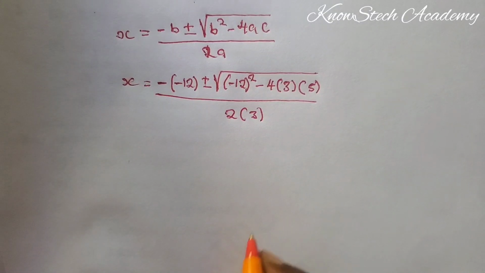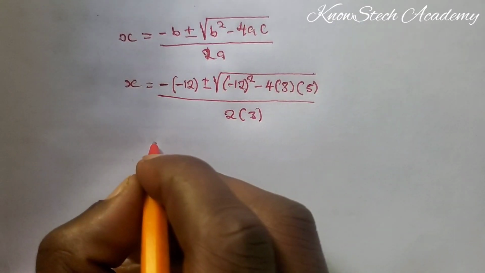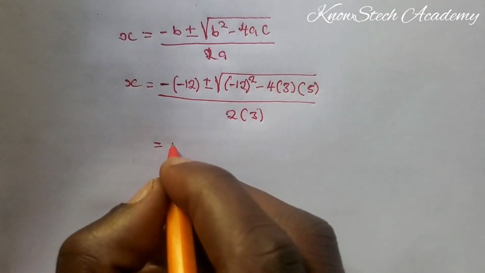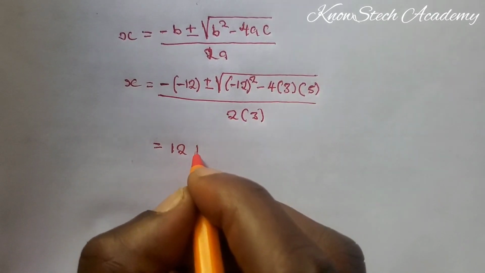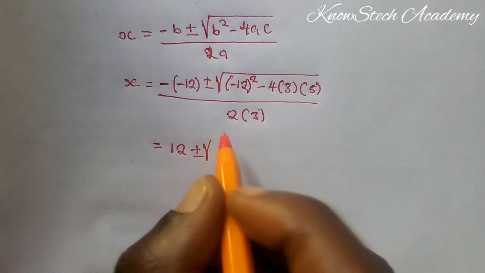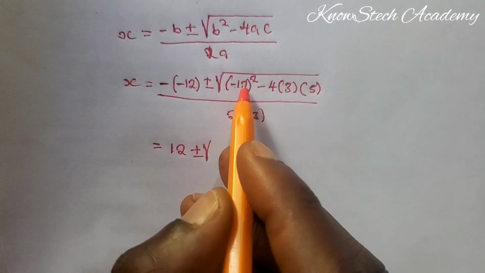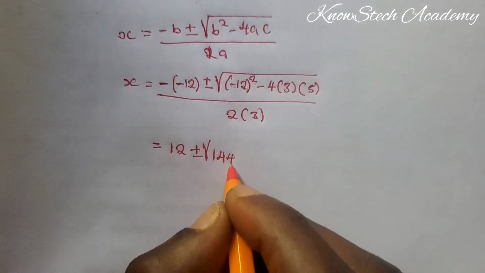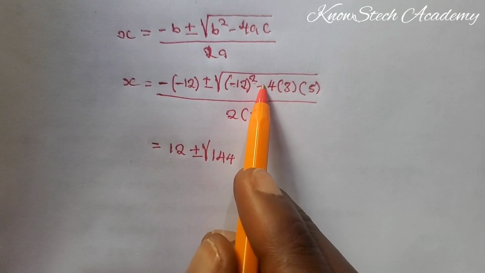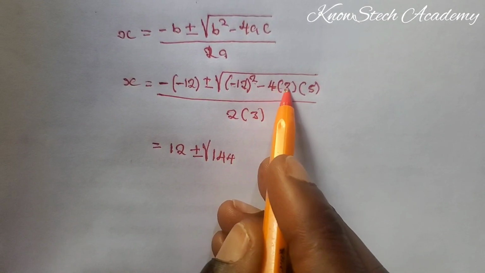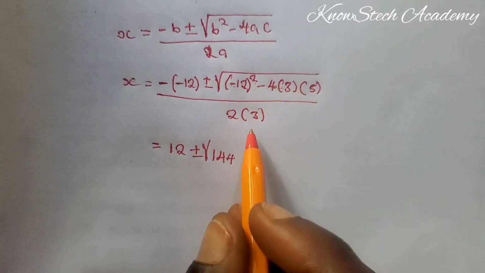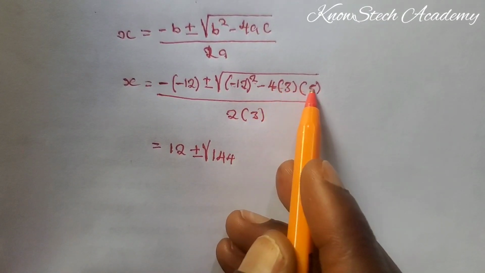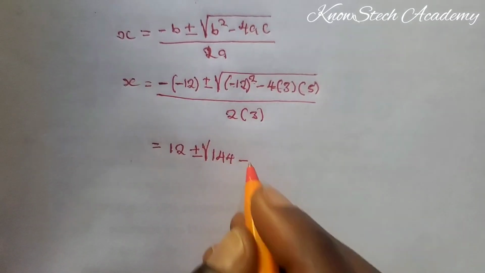Then negative times negative is positive 12, plus or minus the square root of negative 12 times negative 12, which is positive 144. Since we don't have any negative number there, the negative times positive numbers is just negative.